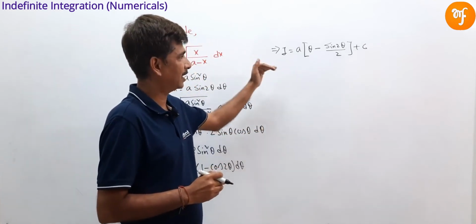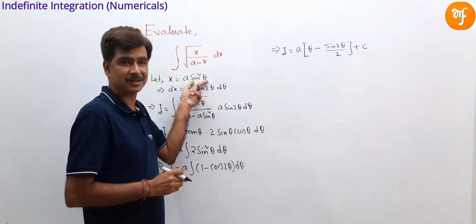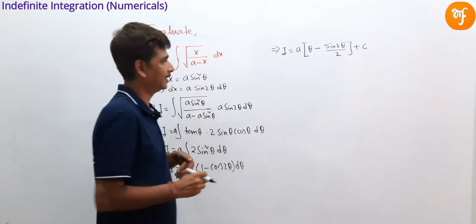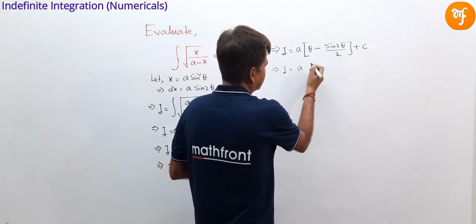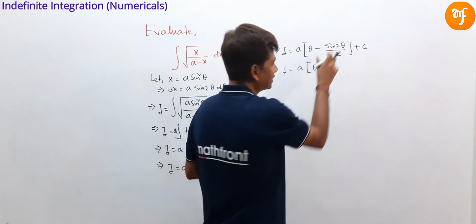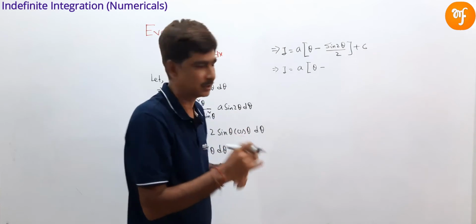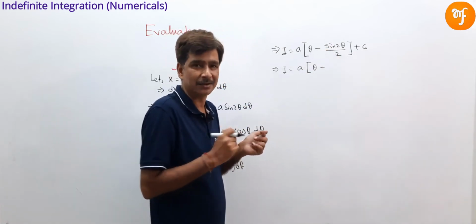Now to give the answer in terms of x, we will use sin theta as square root of x by a. So for this, first of all, we will write in this way: I is equal to a into theta minus, break sin 2 theta as 2 sin theta cos theta. So sin 2 theta by 2 can be written as what? It is sin theta cos theta.